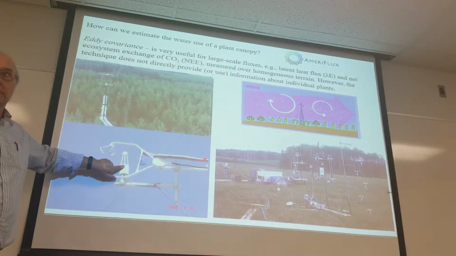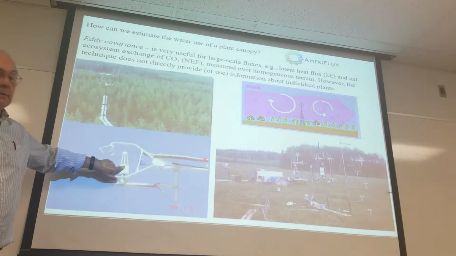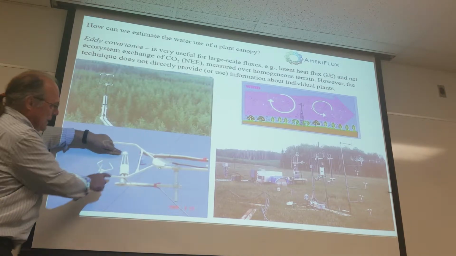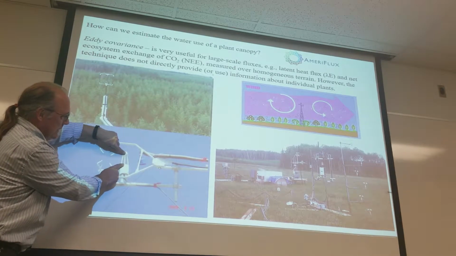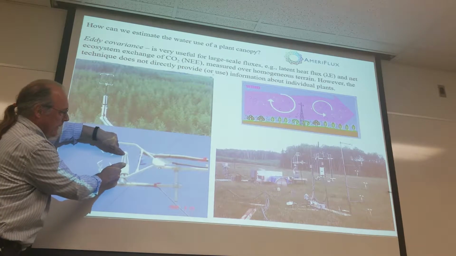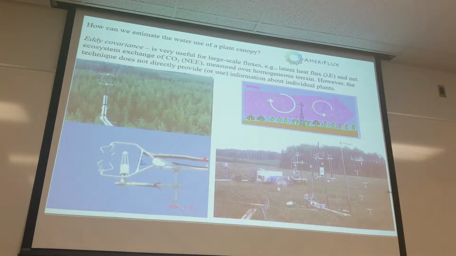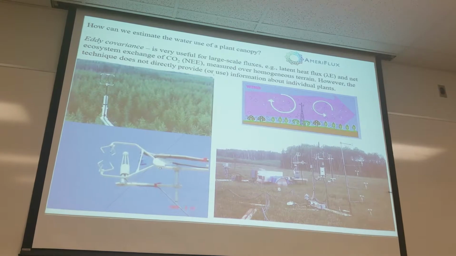This happens to be an open path infrared CO2 analyzer that measures the CO2 concentration in between these 2 points. It measures very quickly. You have to make these measurements quickly, so typically they measure at 10 hertz, 10 times a second, or some people like 25 hertz.